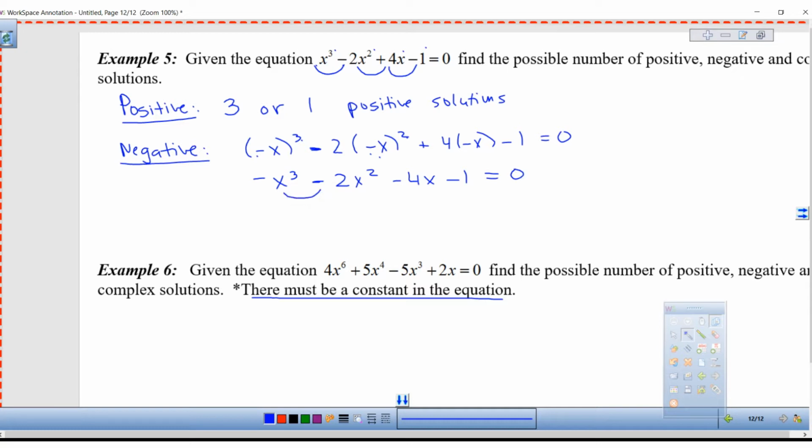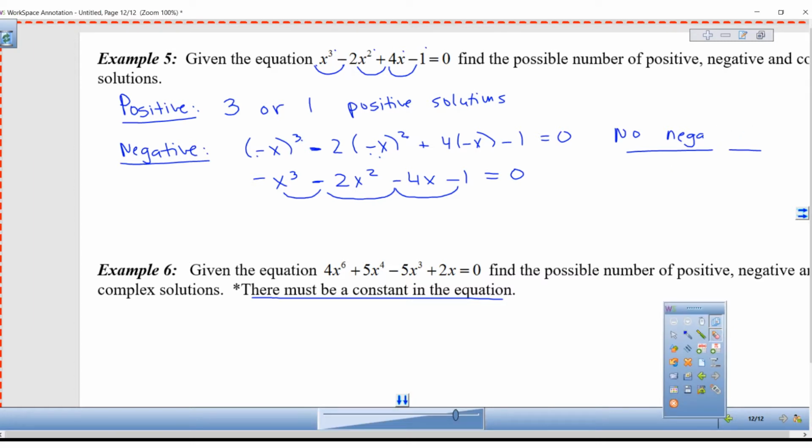Here there's none, here there's none, here there's none. So there are no sign changes. So you're going to have no negative solutions because there was no sign change, okay? Oops, I switched those. No negative solutions because there was no sign change.